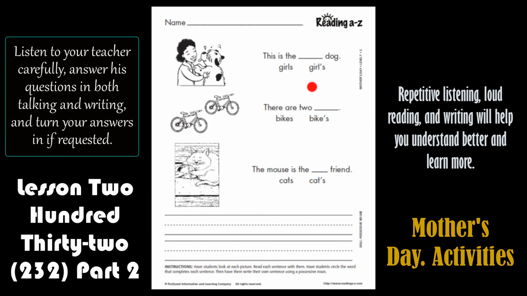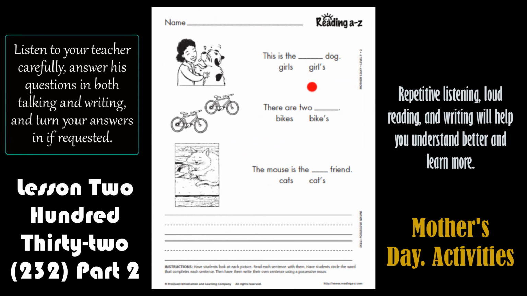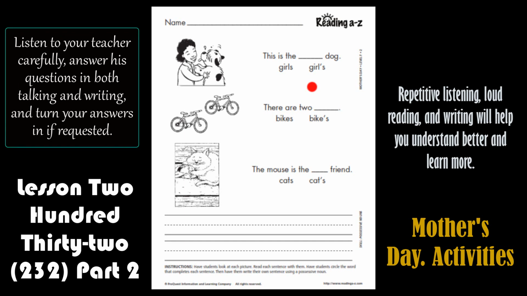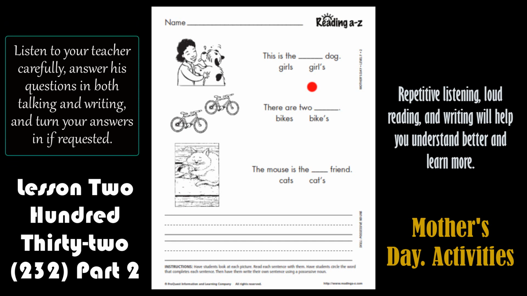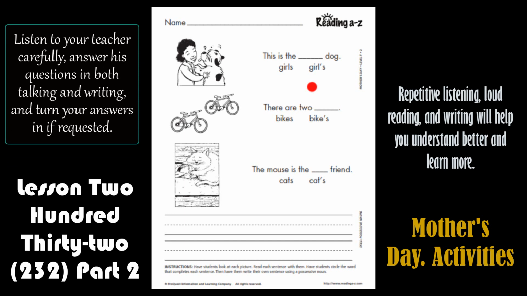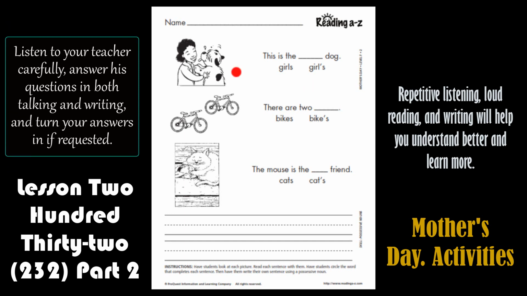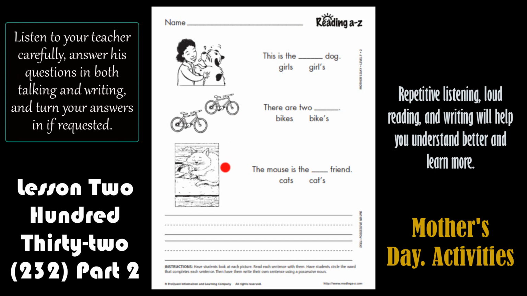This is activity 2. As I said before, it is about expressing possession with nouns versus the plural of nouns. First of all, I suggest that you look at each of the 3 pictures carefully.